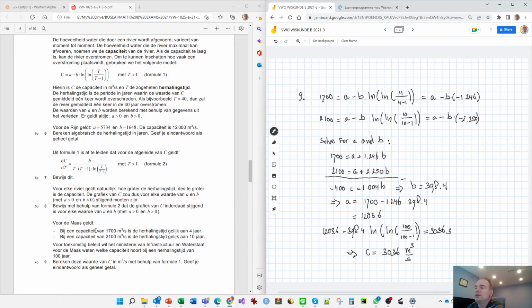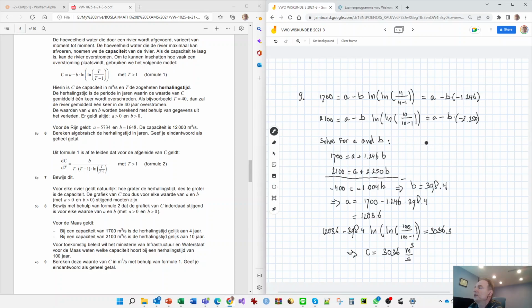And so to do that, we need to know A and B for this particular river. So we get two equations with two unknowns, just substituting these numbers here. They didn't say exactly, fortunately.